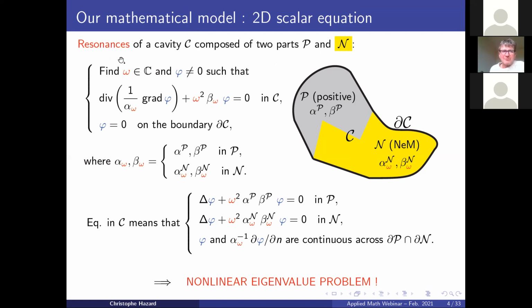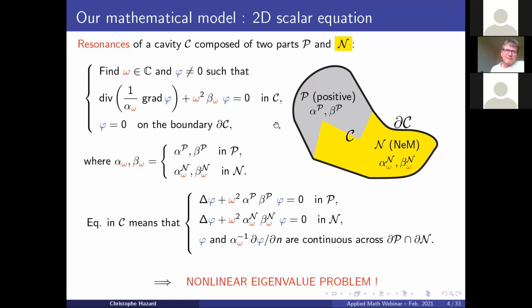And my resonance problem here consists in finding some complex frequency omega and some non-zero function phi, which satisfy this Helmholtz-type equation here, which involves two coefficients, alpha omega and beta omega. I will give some details about them after. And I have here a boundary condition. I choose here a Dirichlet boundary condition on the boundary, but I could have a Neumann boundary condition or Robin boundary condition. It does not matter here.